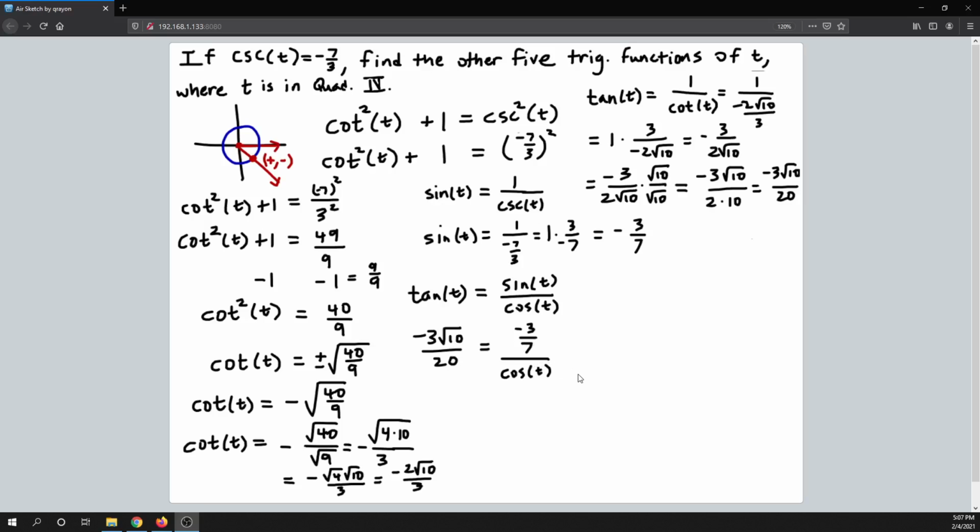The first thing I would want to do is, since this has fractions in it, normally I would multiply through by the common denominator to get rid of the fractions. Normally what I would do is just multiply both sides by cosine first, so that's what I'm going to do. So over here, multiply minus 3 square roots of 10 over 20 times cosine t.